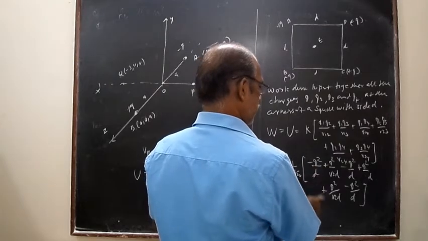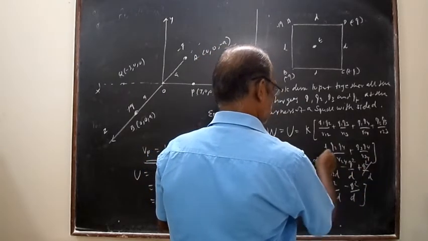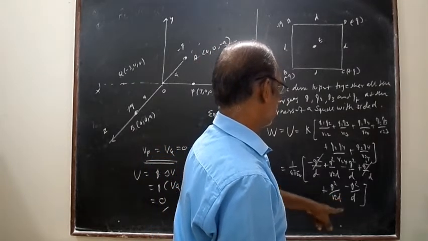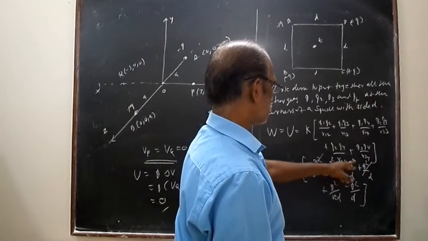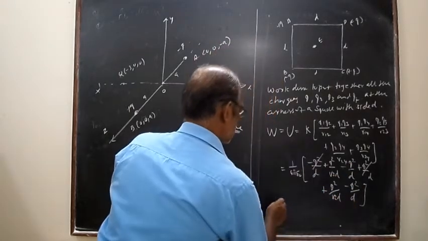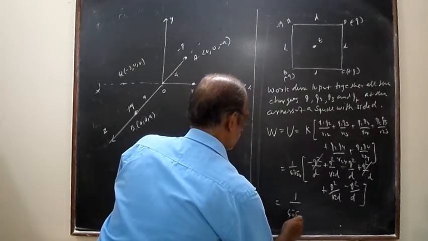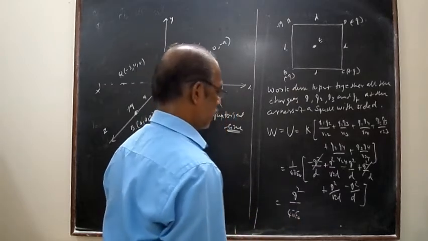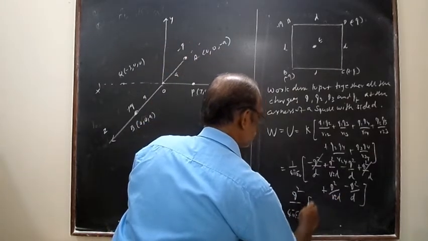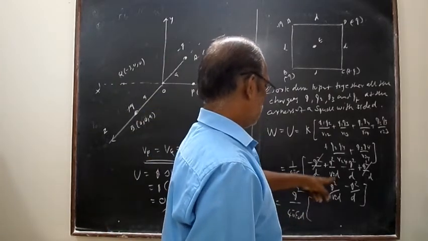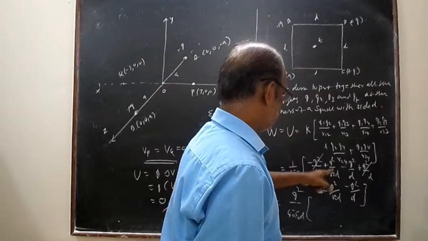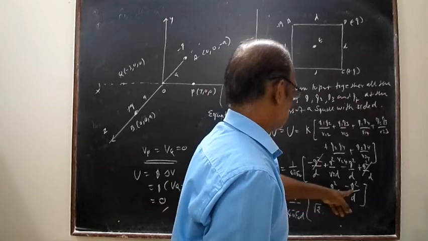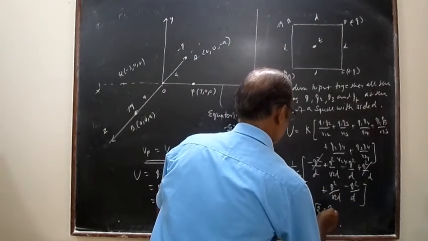Minus Q square by D and plus Q square by D cancel, and plus Q square by root of 2D plus Q square by root of 2D. So what is common is 1 by 4 pi epsilon naught, Q square by D, into 1 by 2 by root of 2, that is root of 2, and Q square minus 2.